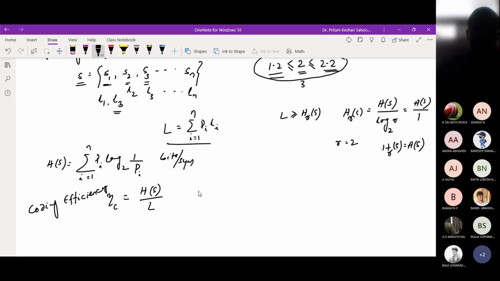Okay, and from this we can also derive another term called the coding redundancy, which is equal to 1 minus coding efficiency, where both coding efficiency and coding redundancy are expressed in percentage.